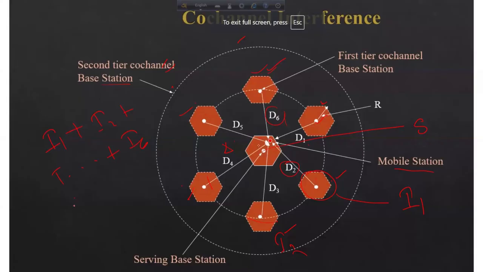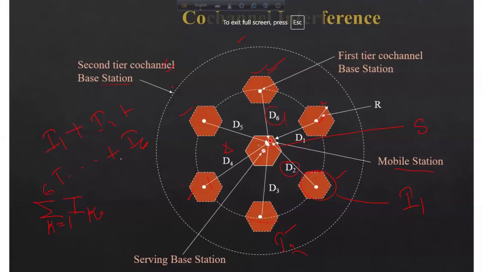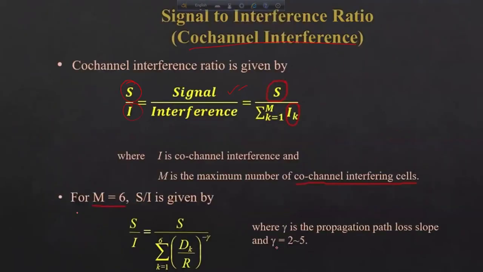So I am taking Ik, and there should be one summation symbol. The value of k should be equal to 1 to 6, or we can take one general formula, k equal to 1 to M, where M is equal to 6. So the interference can be written as the summation from k equal to 1 to M of Ik.